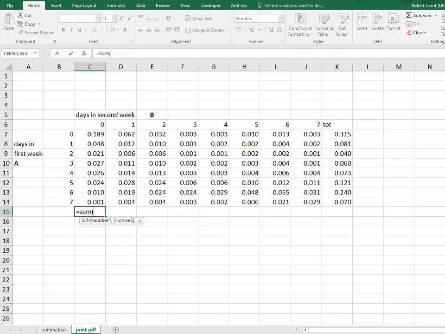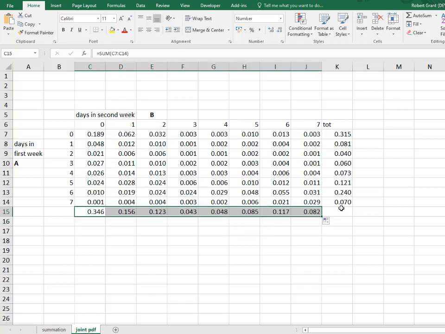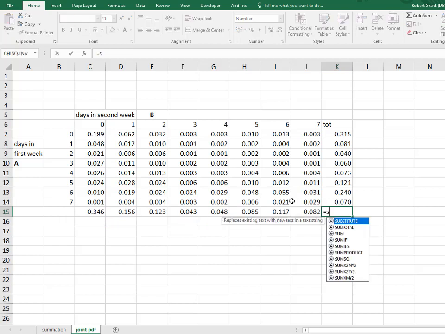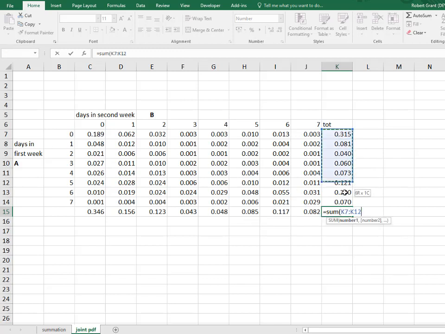You can do the same thing for the second week. So the probability that somebody gets no days in the second week is this, adding all those and so on. And hopefully, you can do it either way, it should come to 1 because this is all the possibilities.